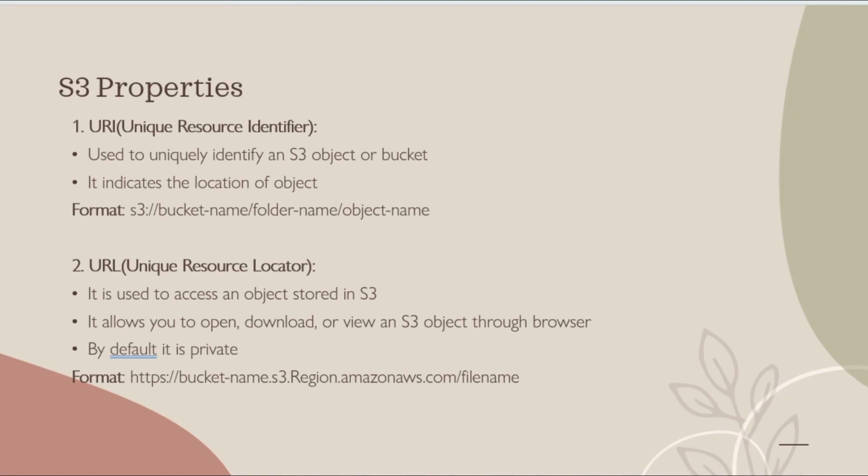By using the URL, we can open, download or view the object files. And the format of URL is https:// bucket name .s3 and the region where we created the bucket, and the domain name. Finally, the file name will be displayed.